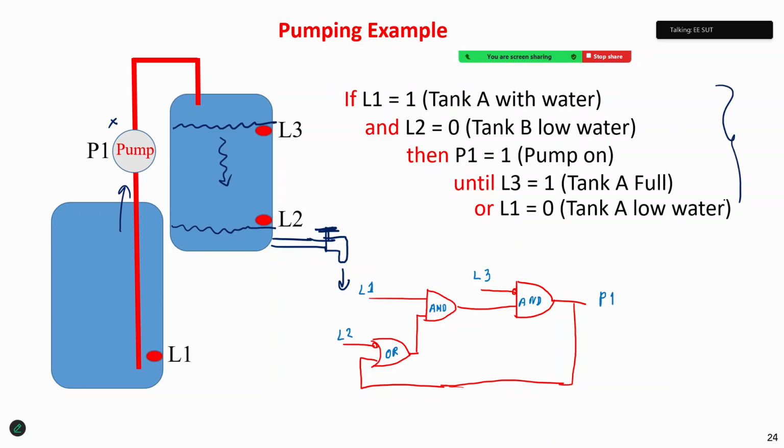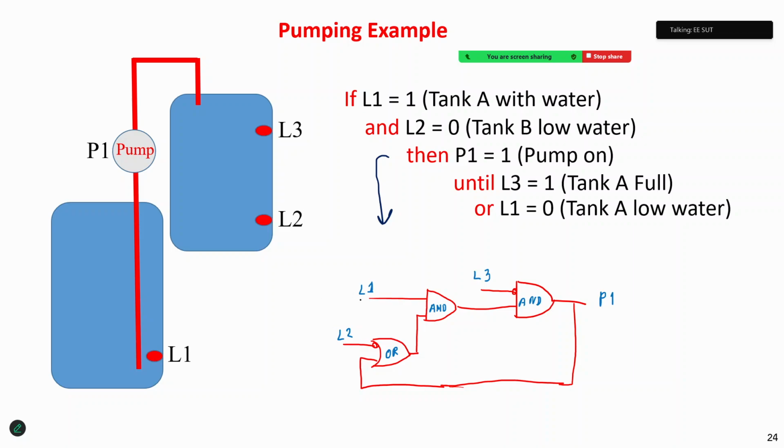So in this case, if L1 is 1 and L2 is 0, then we can construct this type of circuit. L1 is 1, L2 is NOT L2 here, and we AND them together.